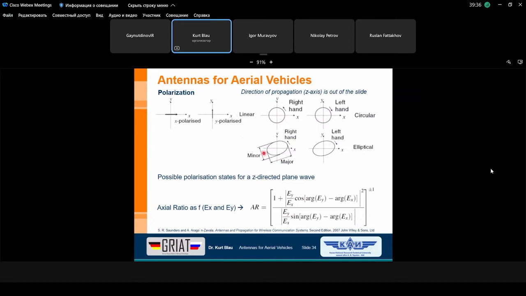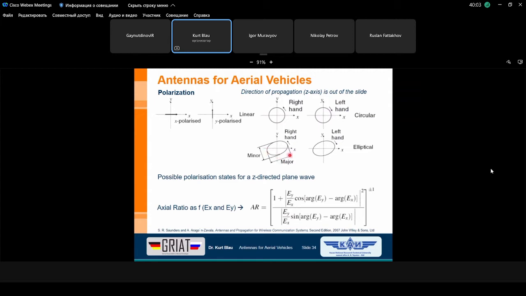It means the ellipse is very small in this direction here, and very long in this direction. This is linear polarization with a very high axial ratio, meaning the major axis divided by the minor axis has a very large value.